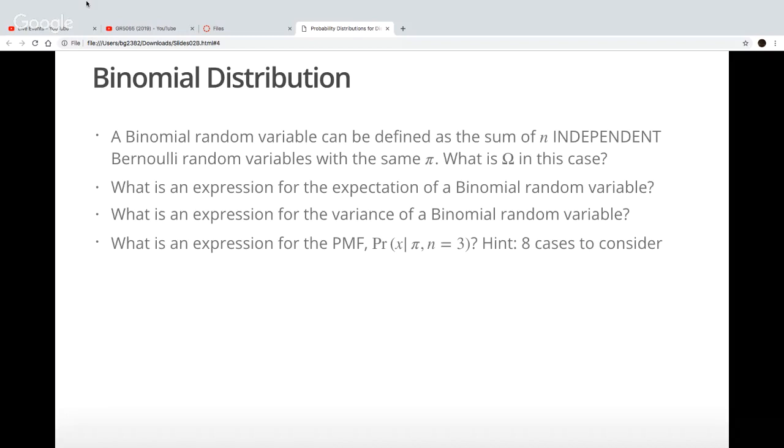It would be 3 choose x times pi to the x times 1 minus pi to the 3 minus x. Yes, I believe it would.